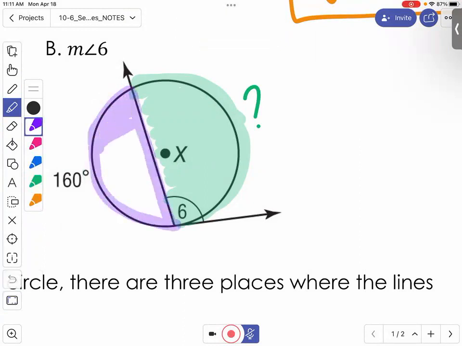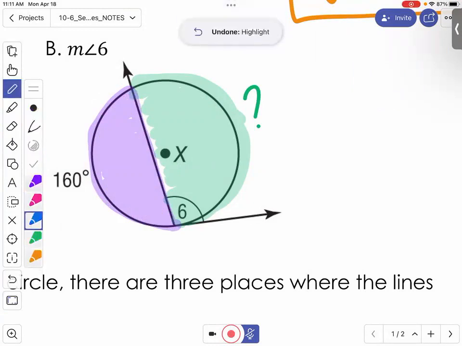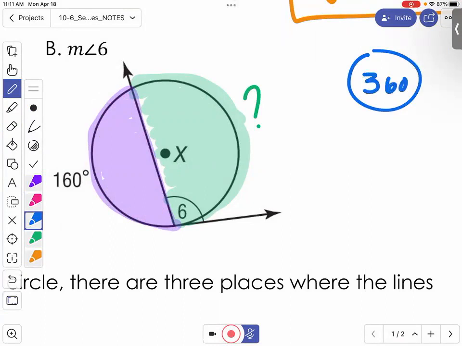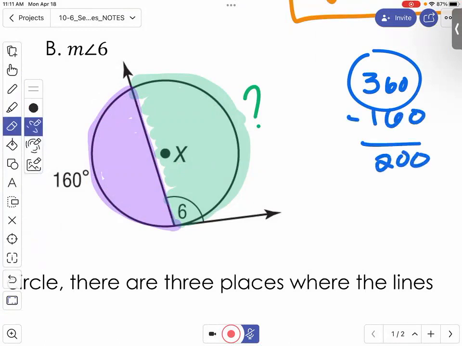But I do know that these 2 sections, these 2 arcs together, make my full circle. Well, we know a full circle has to make 360 degrees. Well, out of 360, 160 of that is to the left side. So I'm going to subtract that 160 away, which gives me 200 for my missing section of circle.